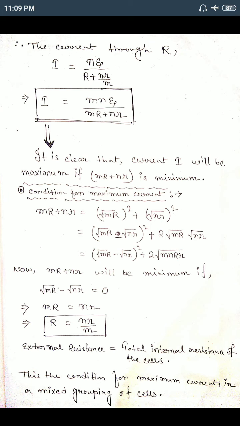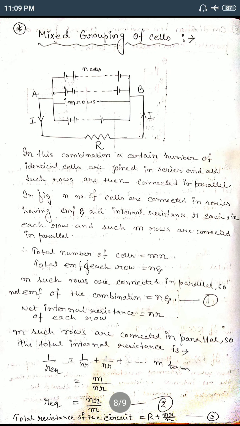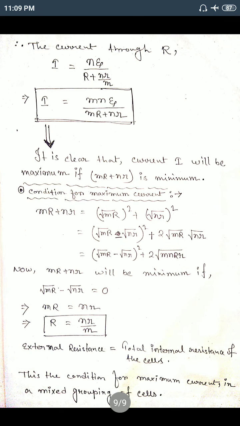Now you see that nr by m is what we got in equation 2. What is this? This is the total internal resistance. So this is the condition when the external resistance is equal to the total internal resistance of the cells. Only in this condition we get the maximum current in a mixed grouping of cells.